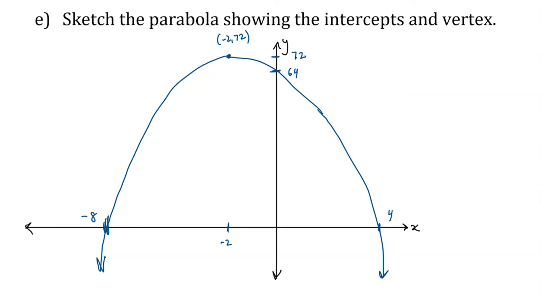I labeled the vertex as a point, but I also marked it on the axes, so -2 and 72, and I labeled the y-intercept of 64. So you have to label the intercepts and show the values of the vertex in your sketch. But that's it. Very different from the graphing that we did. But it gives a general idea of what that parabola would look like.